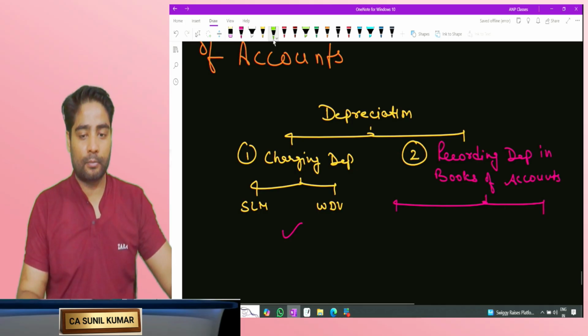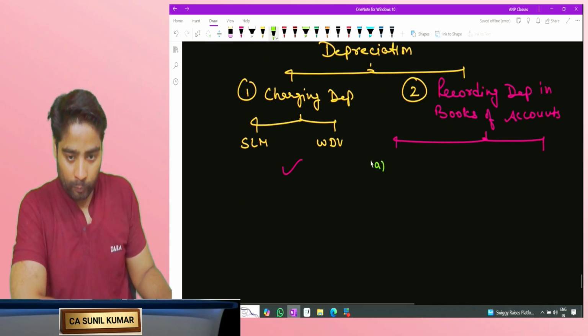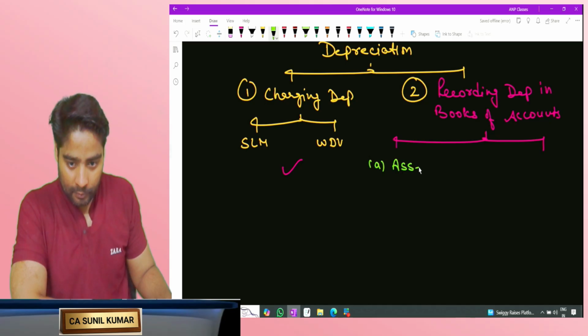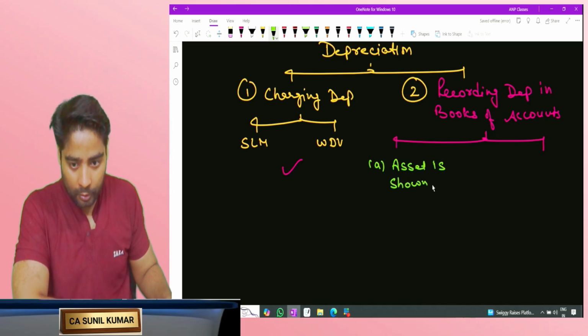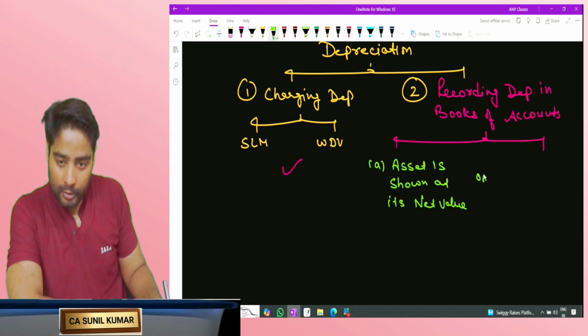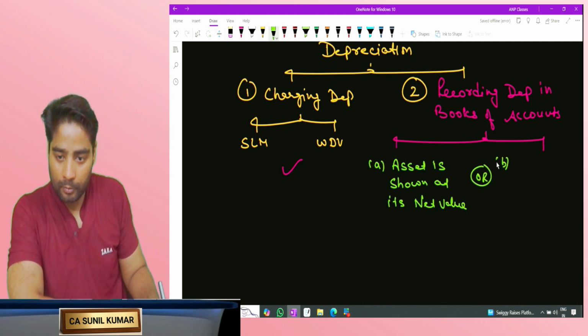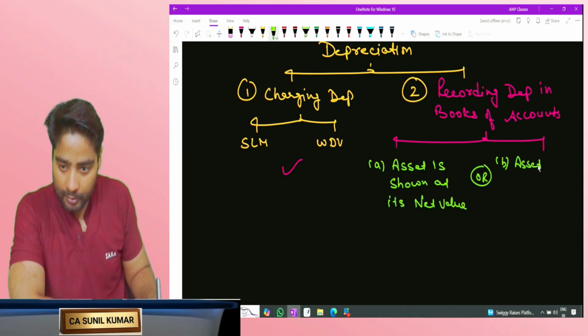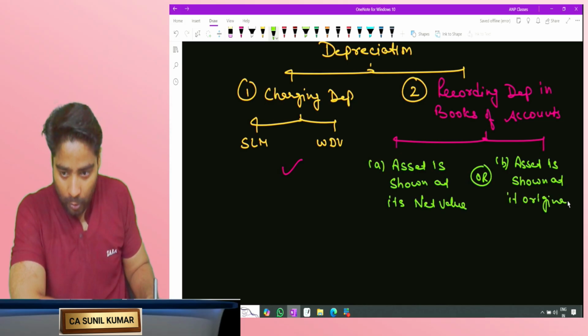One method is, write down, asset is shown at its net value, or the second method we can use, asset is shown at its original cost.